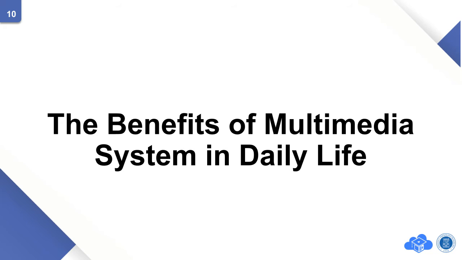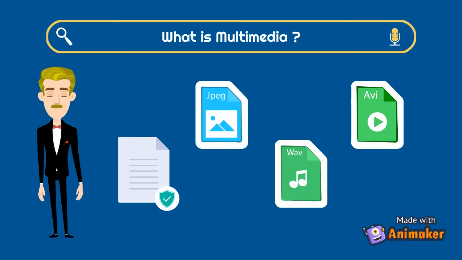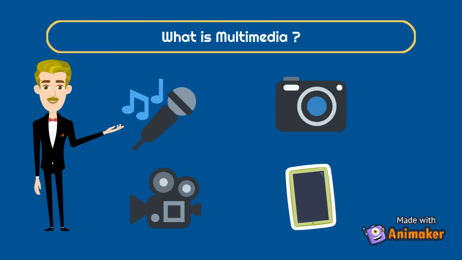In this section, I will talk about the benefits of multimedia systems in daily life. So, what is multimedia? Multimedia can be defined as any application that combines text with graphics, animation, audio, video, and/or virtual reality. Tools that provide this multimedia consist of hardware and software.